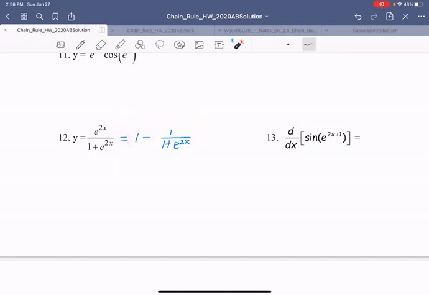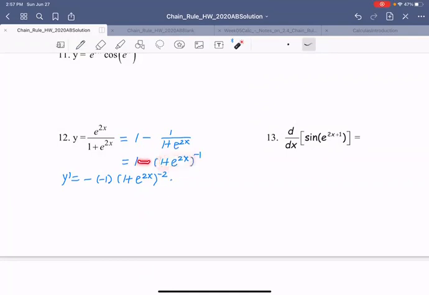So y prime will be this guy's derivative, which is 0. And then you are going to do this guy. This is negative times negative 1 plus e to the power 2x to the power negative 1 minus 1, which is negative 2. And then times this guy.